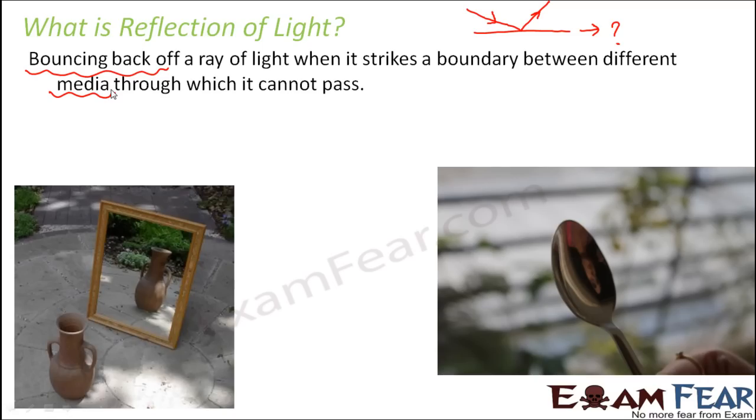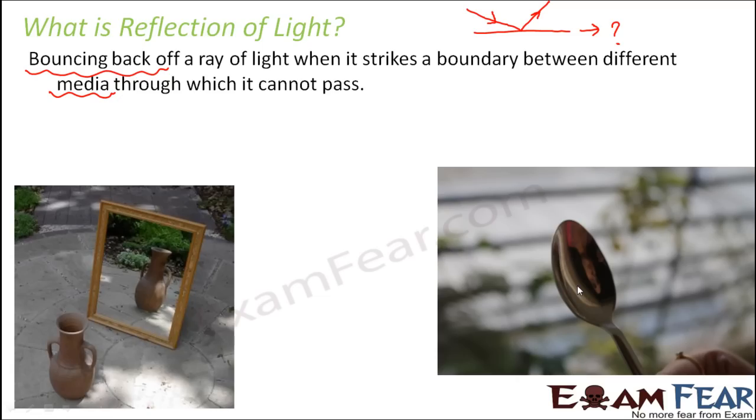Similarly, you can perform another simple experiment to see the effect yourself. Take a stainless steel spoon, which I think is very easily available in your house. Now just try to observe yourself in the spoon. You will be able to see your own image in the spoon. So there also reflection of light is taking place. Even though the spoon is not a mirror, it is made of steel, still reflection is taking place here. Do you know why?